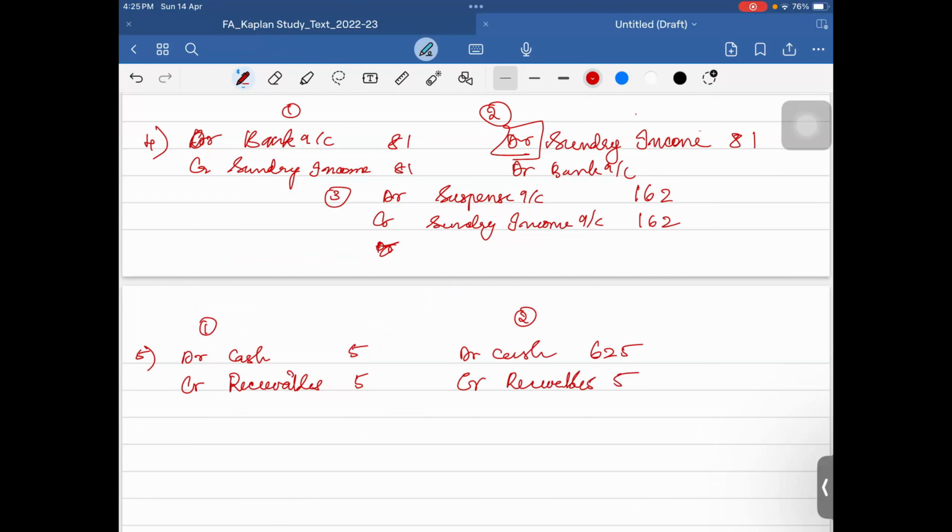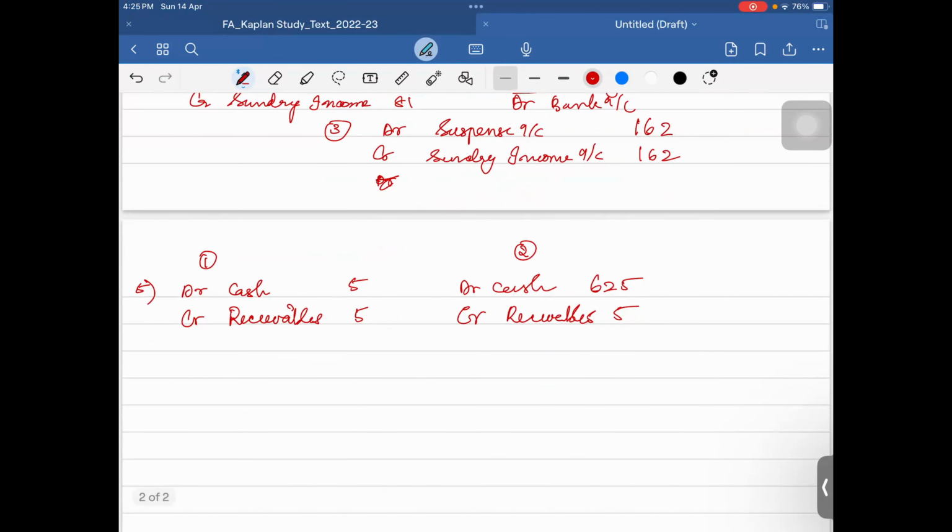You need to correct this, right? Because it is 620 extra here. So you need to bring that amount down. You're going to credit cash and bring the 620 down. You don't have any other account to dump that into, so you're going to take suspense account. Clear? Understood? So next one, sixth one.